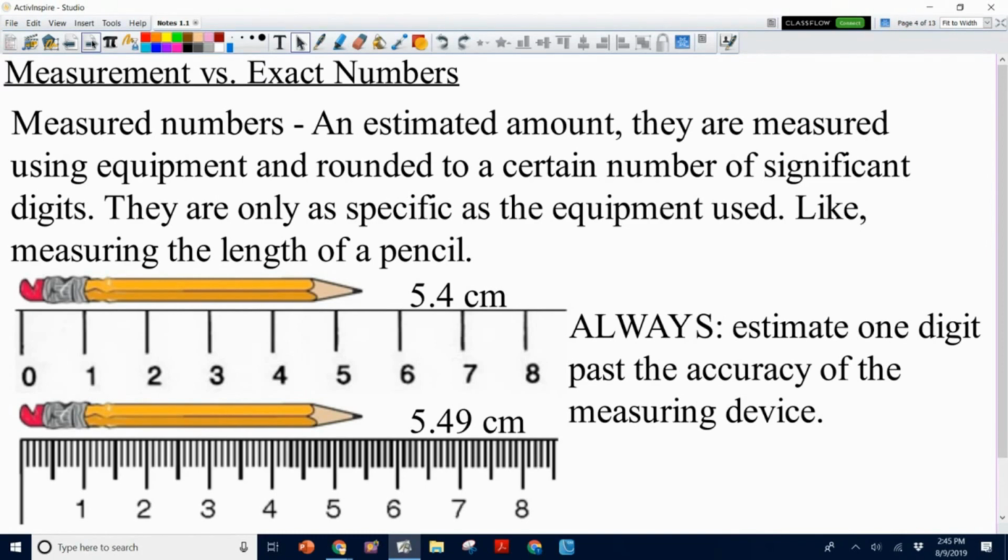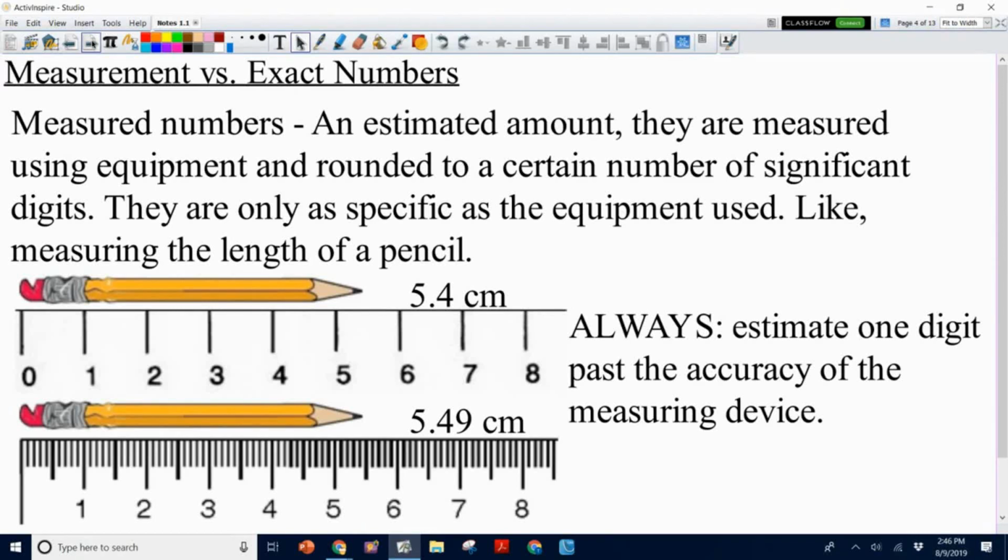So here we have 2 examples. We have 2 pencils and we have 2 rulers. And you can see on the first ruler that the hash marks start at 0, and then it goes 1, 2, 3, 4, 5, 6, 7, 8. There's no tiny marks in between each of those whole numbers. But on the ruler that's on the bottom, you can see the hash marks there between each number.